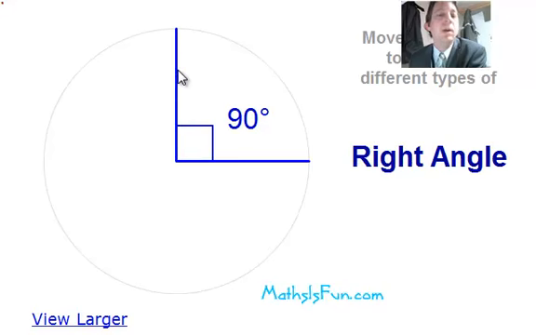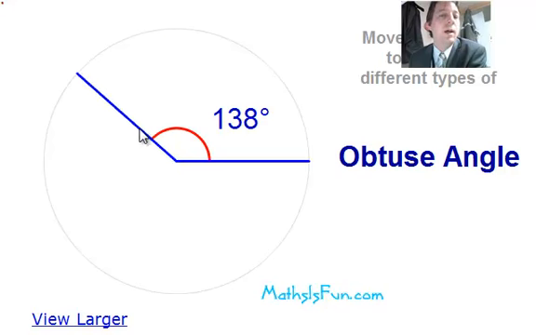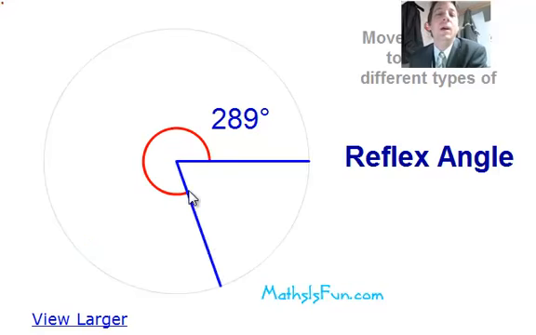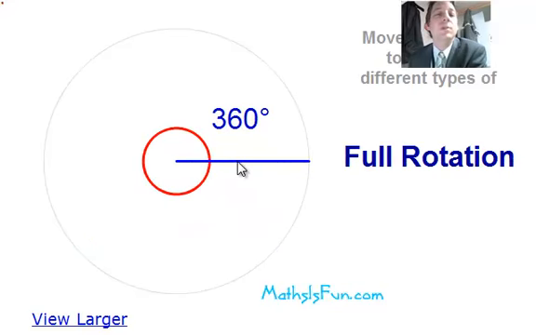Right angle. And then you move past the right angle, and it is what? An obtuse. And then you go down to 180, which is a straight angle. Then you move past, which is a reflex. And all the way round to a full rotation.